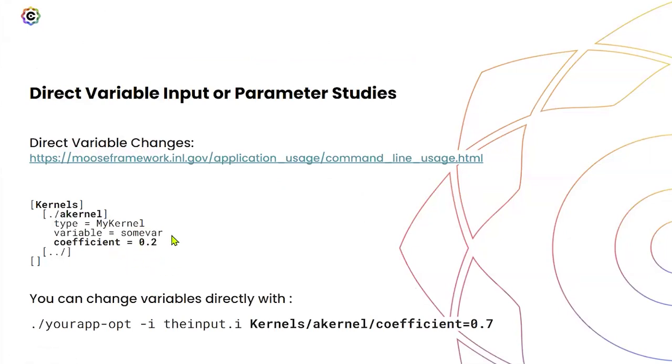So that lends itself to Python scripting, and it uses kind of this directory structure definition to reach into the blocks in your MOOSE input file. So where you have kernels, then the a kernel subblock, and this coefficient variable, you're doing the same thing. You're reaching in from the command line to make this modification. And in that way, you can iterate through.